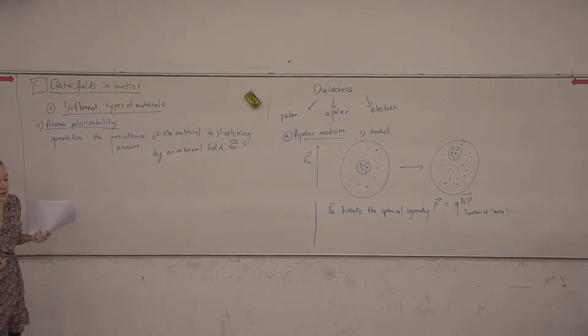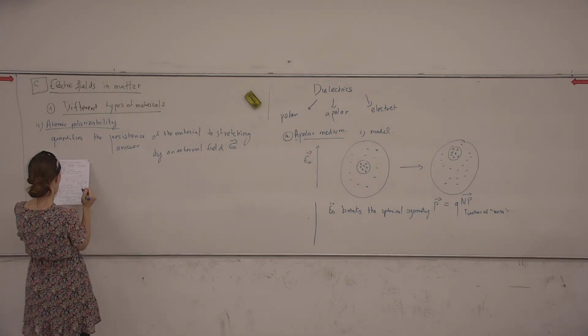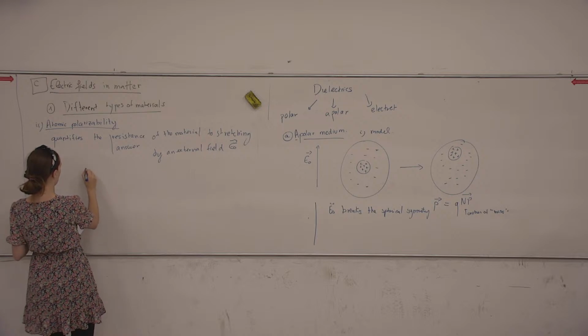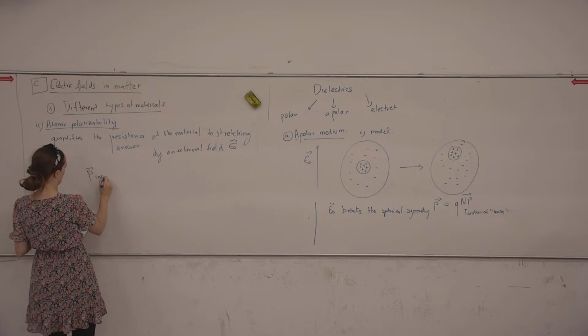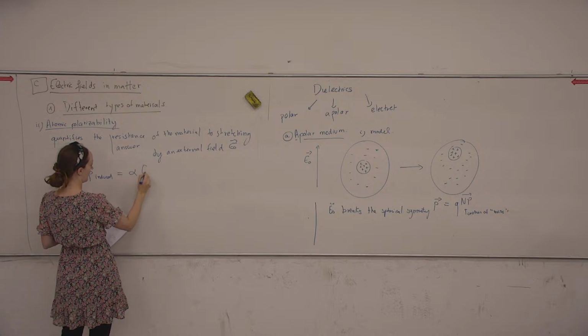We assume there could be all kinds of relations, but we assume there is a relation of proportionality between E0 and the dipole moment. So P induced is alpha E0.